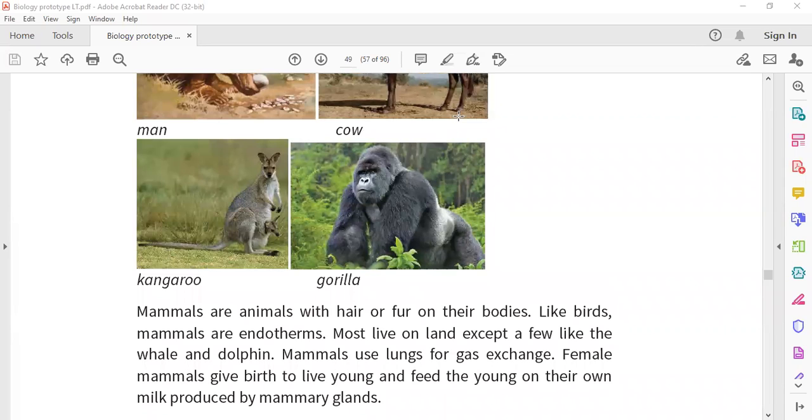character for this group, because we're going to see that class Mammalia has been divided into three groupings. We have the ones we call monotremes. Those are egg-laying what? Egg-laying mammals. Yeah, like the duck-billed platypus. The platypus is an egg-laying what? Mammal.